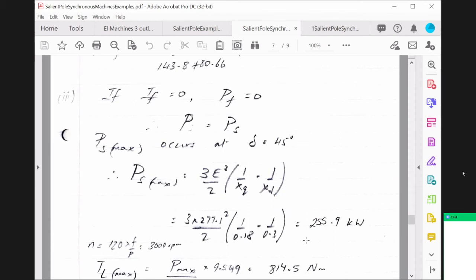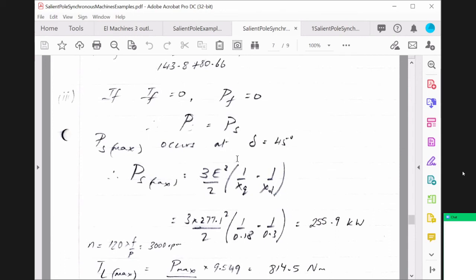So with field current equal to 0 and field power 0, the total power can be worked out at delta equal to 45 degrees. This is the equation for PS max.